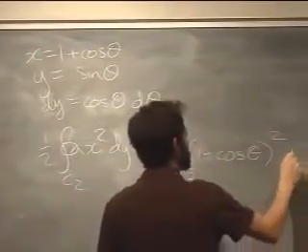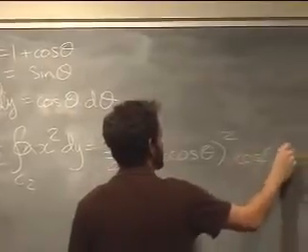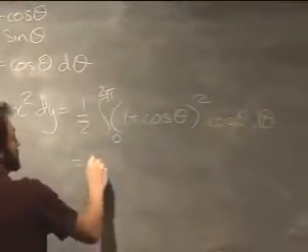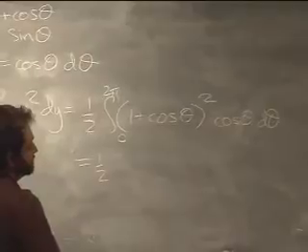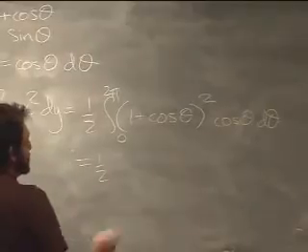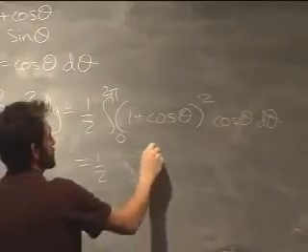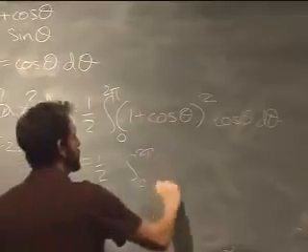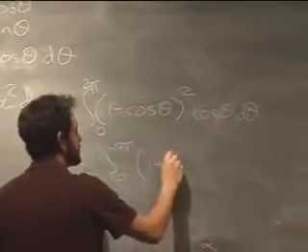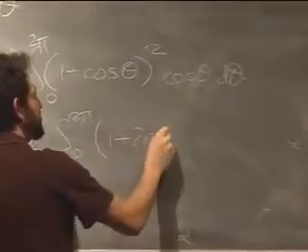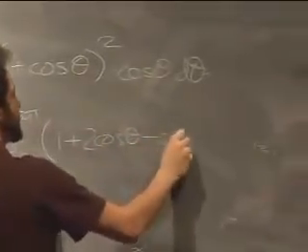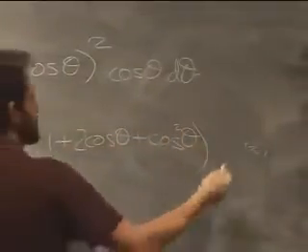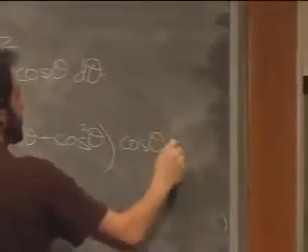And dy is cosine theta d theta. So you get 1/2. This is a bit of a mess. So you get 1 plus 2 cosine theta plus cosine squared theta times cosine theta d theta.